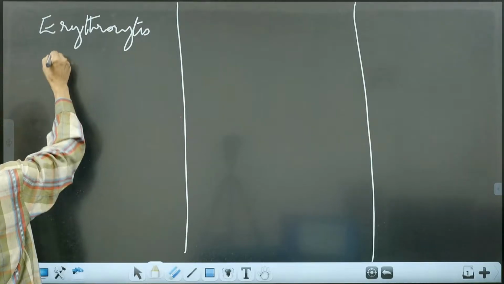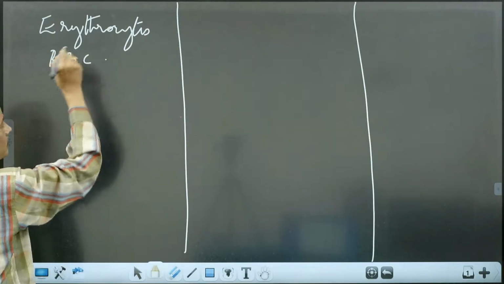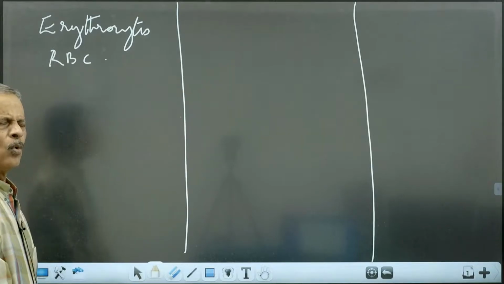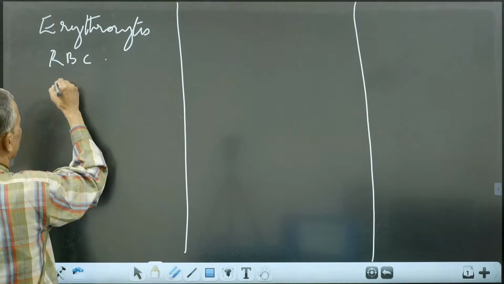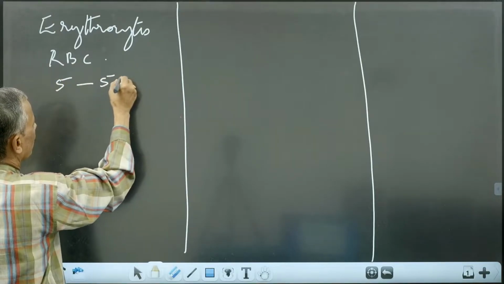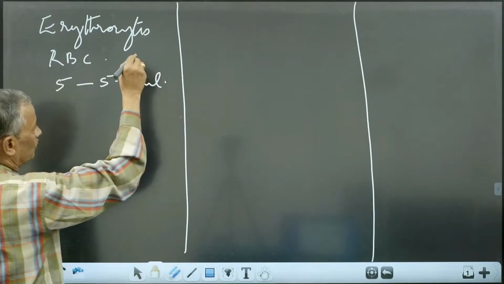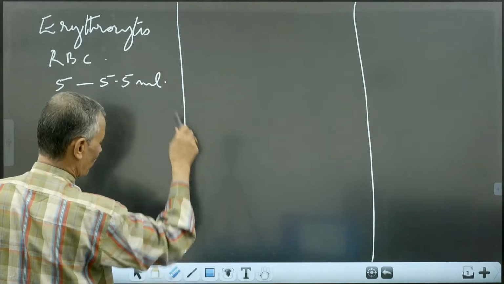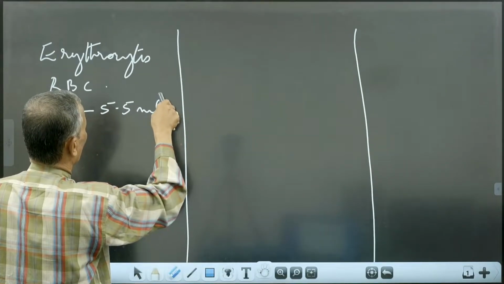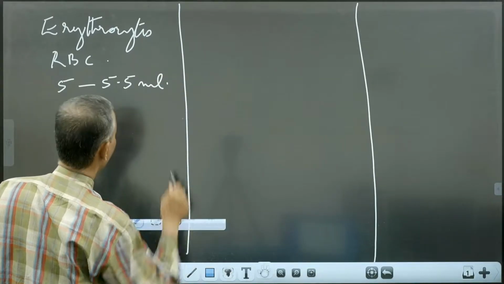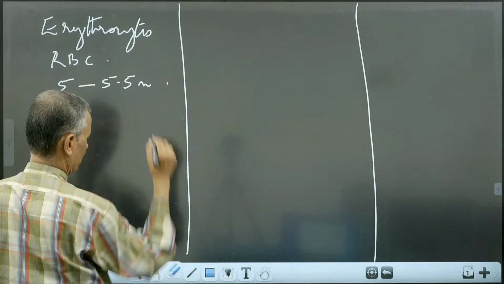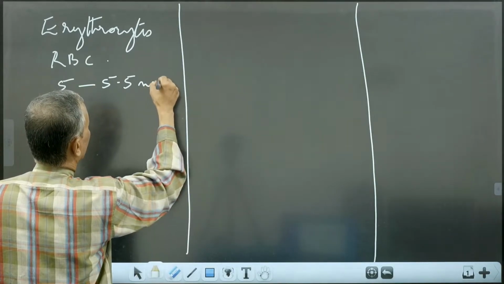They are called RBC. They are the most abundant. In 1 ml of blood, you will be having 5 to 5.5 million RBCs.